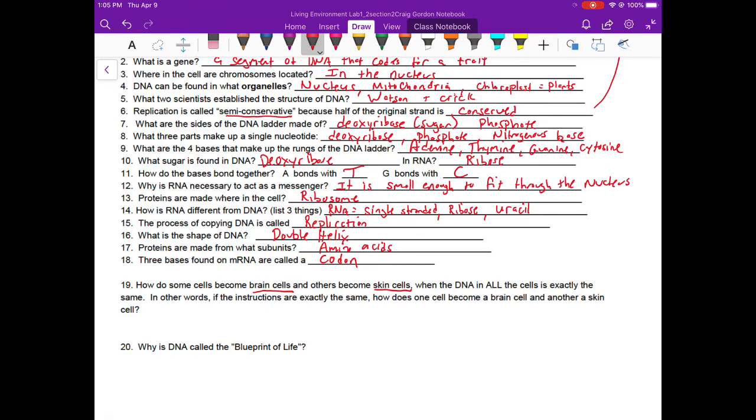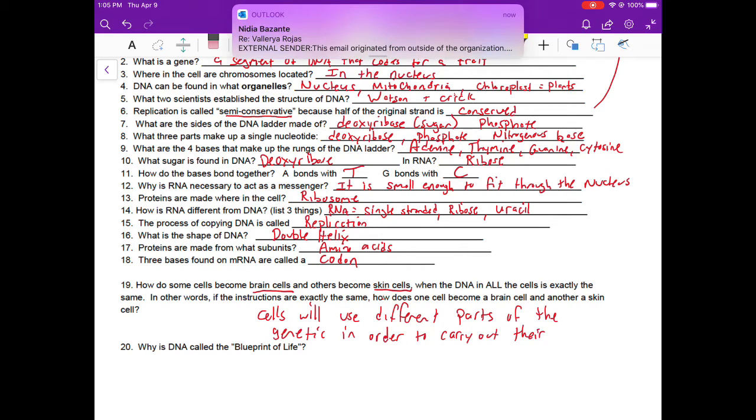So, actually, I'm going to get rid of certain. We're just going to put cells will use different parts of the genetic code in order to carry out their function.